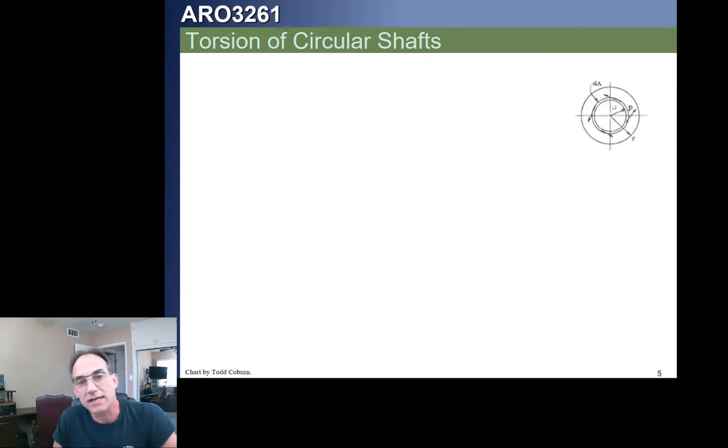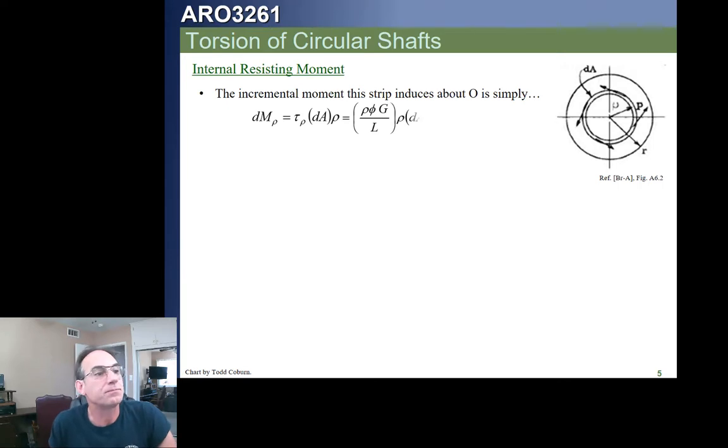Now we're going to rearrange that as we look at this a little further. So once again, we know that our shear stress, if we look at this part over here, the strain is changing as we go from here to right here. It's going to be 0 here where the radius is 0, and it's going to be maximum here where the radius is maximum.